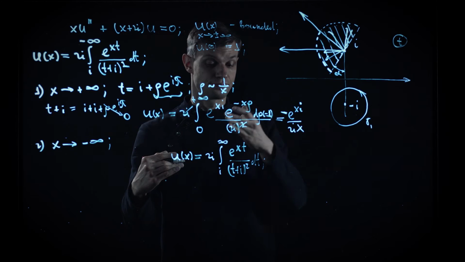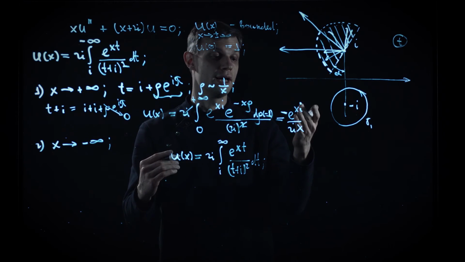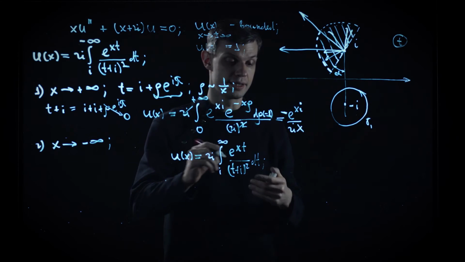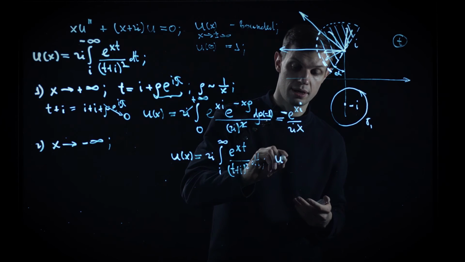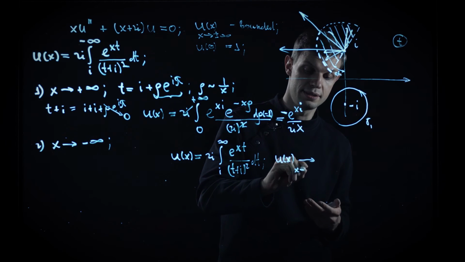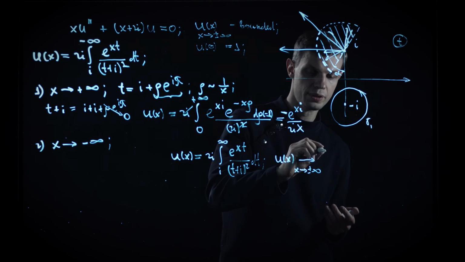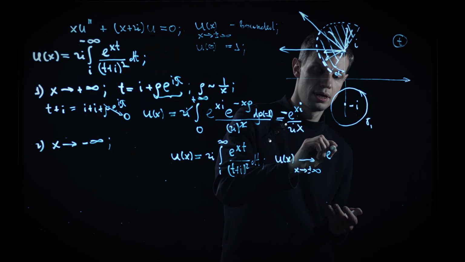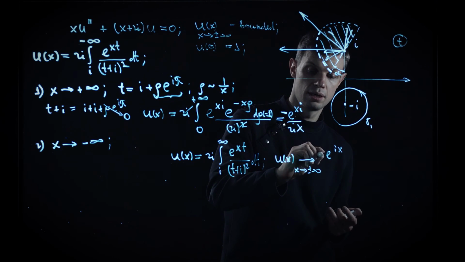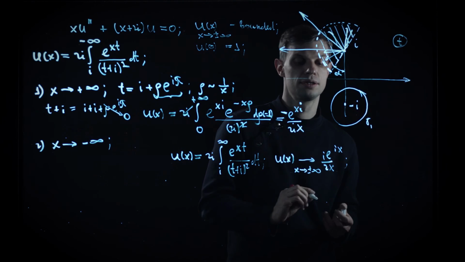And then we analyzed its asymptotic behavior at large positive and negative x. So, here it goes. u of x at x tending to plus and minus infinity equals, well, e to ix i divided by 2x.